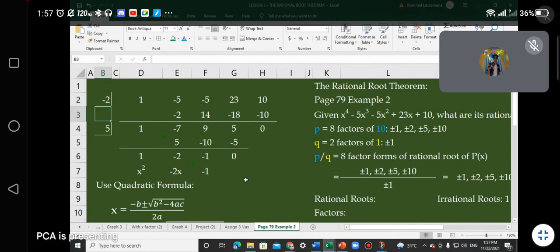But I will not jump there. That's 3 lessons, 4 lessons above. Or rather, if you fast track, mabilis. Layo kasi ng 117.